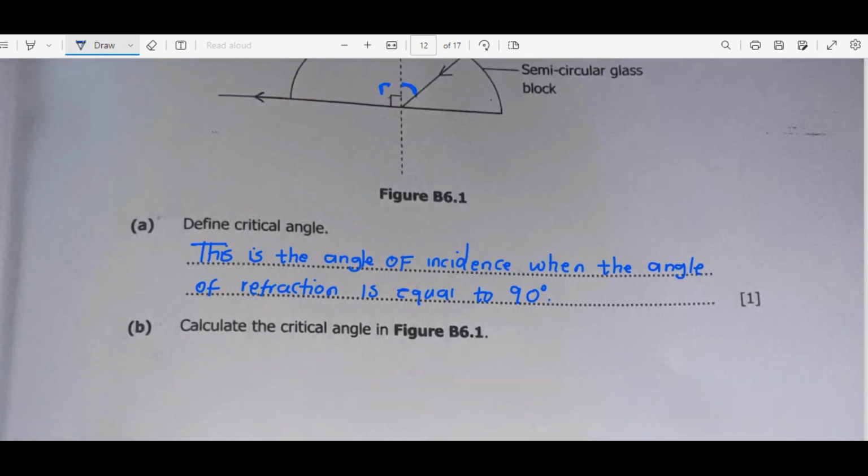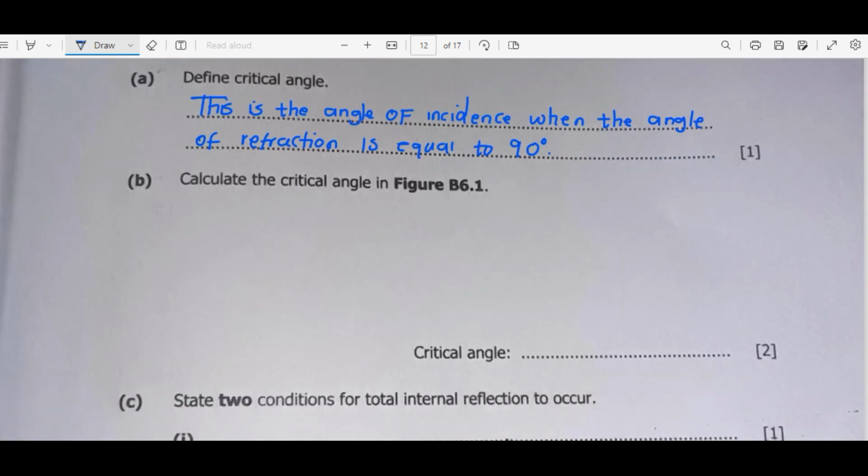Now let's look at question B. Under question B is calculate the critical angle. Now remember, we have been given the refractive index, which is 1.52. So how can we use the refractive index of a given medium to find the critical angle? The formula is refractive index equals 1 divided by sine of the critical angle.